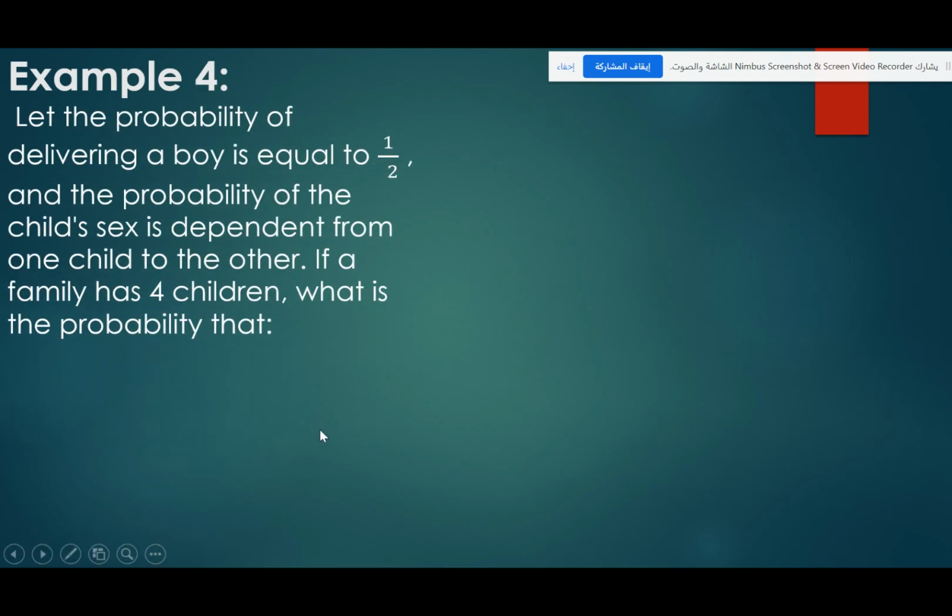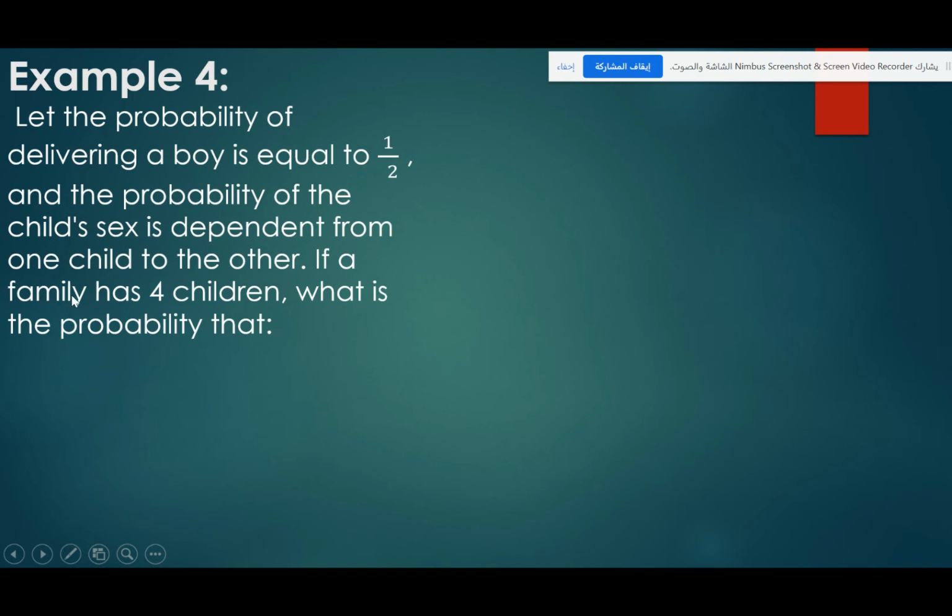Now more examples and more ideas. This is example number 4. Let the probability of delivering a boy be equal to half, and the probability of the children's sex is independent from one child to another.